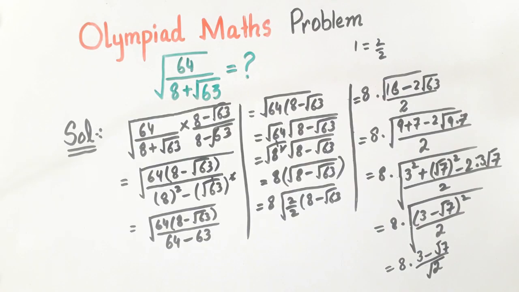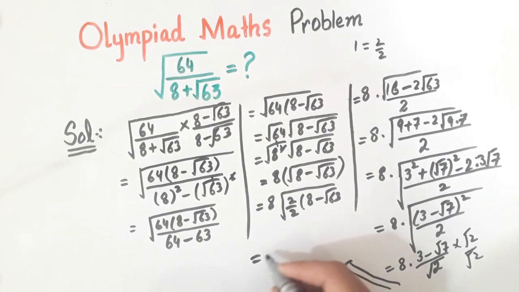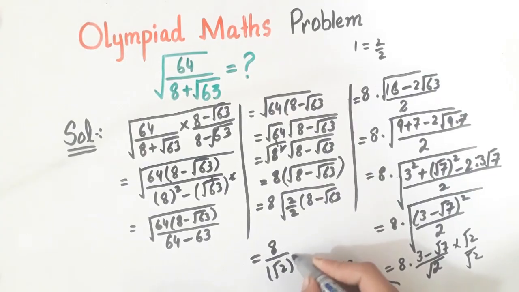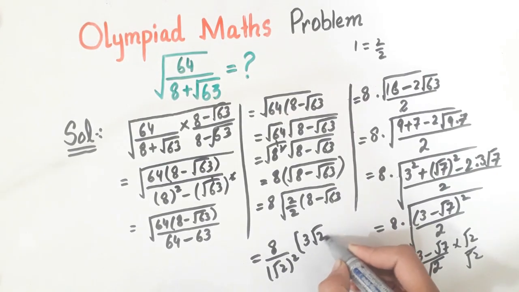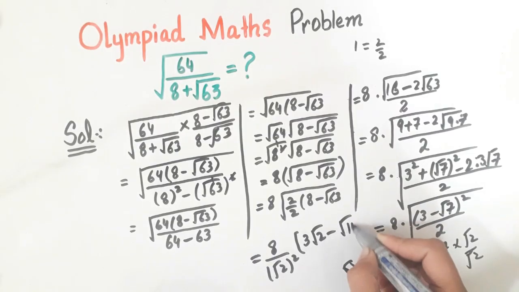Now we will again do the rationalization of this. This 2 is multiplied and divided by square root of 2. So in the next step we will solve this further here. We get 8 by square root of 2 square into 3 multiplied by square root 2 minus square root 14.